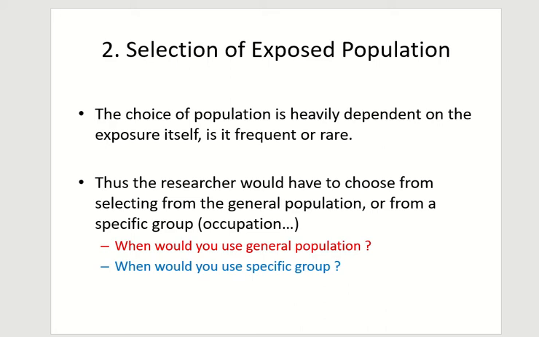Well, if it's smoking, then you could probably go to the general population and find your exposed. However, if you're looking at the statin or maybe another type of medication, then you need to find them, and you have to look in a specific group of individuals. Okay, so that's the difference between looking in the general population and a specific group.